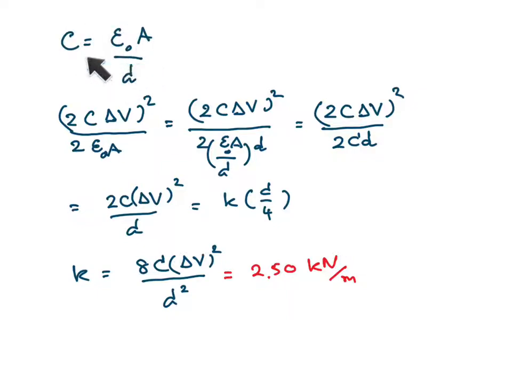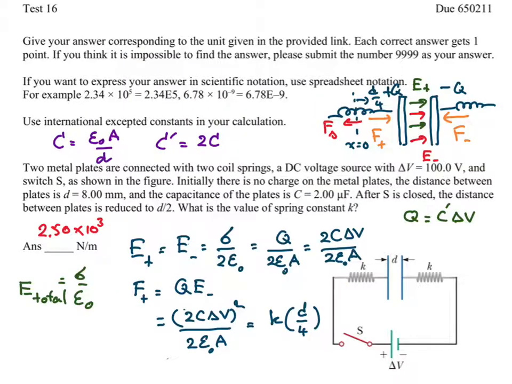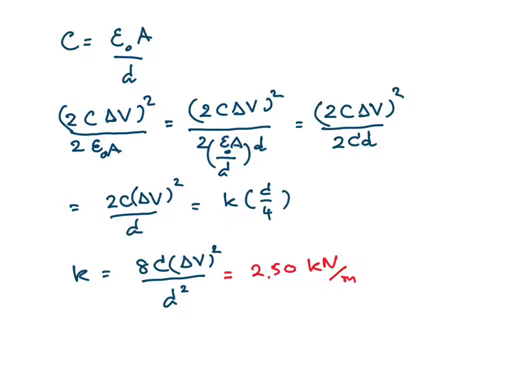This is the initial capacitance, and this is the formula for the capacitance of a parallel plate capacitor. And from this expression, if we rearrange a little bit by writing this term epsilon naught A as epsilon naught A over D times D like this, then we can substitute epsilon naught A over D equal to C, so we have this C here.